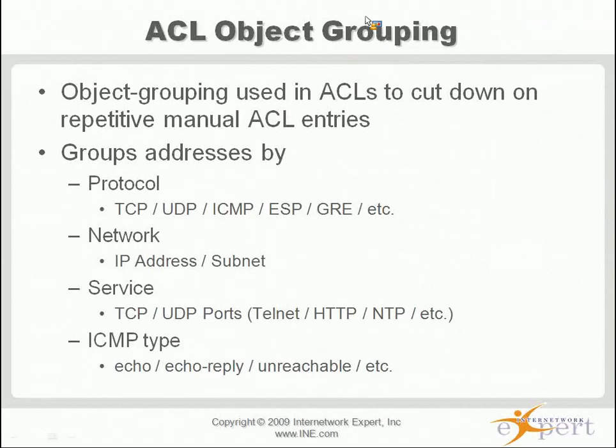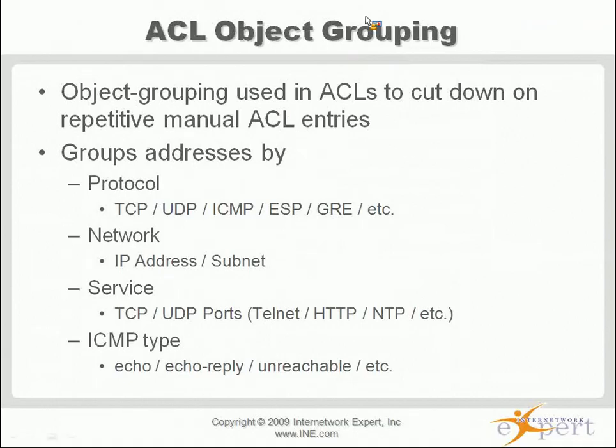Object groups basically allow you to reduce repetitive entry for ACLs, able to group things together. Some of the different types of things you can look at can match by protocol number, so matching all TCP, UDP, or all GRE traffic.